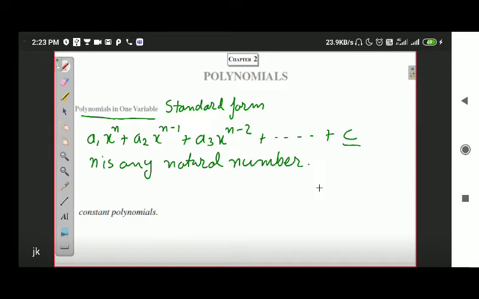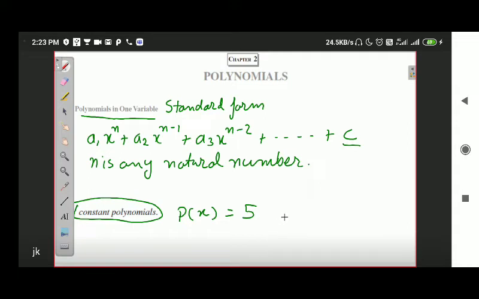Another term that you might encounter in your studies is constant polynomial. So, what is a constant polynomial? For any polynomial, suppose p(x) is equal to 5. What type of polynomial is it? It is a constant polynomial.